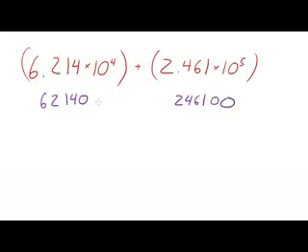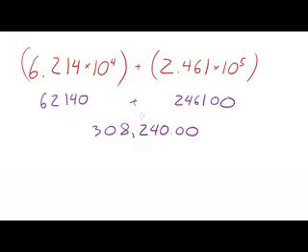So now what we need to do is take this number, 62,140, and add it to 246,100. Whenever you add these two numbers together, you get 308,240.00. Now we aren't done yet.